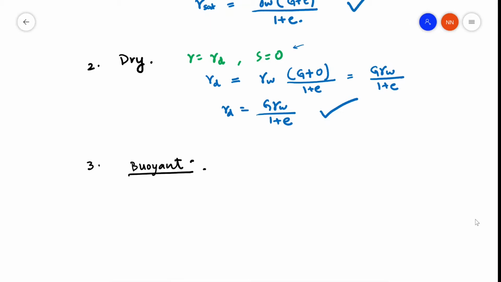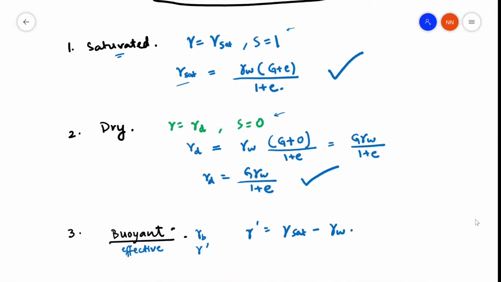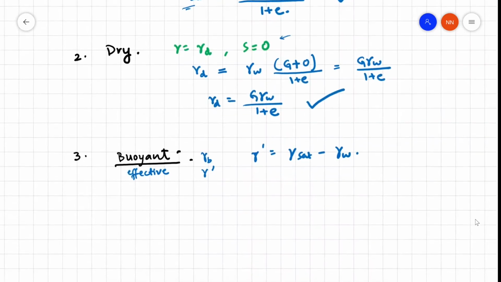The next one we'll be looking at is the buoyant unit weight. This buoyant unit weight is also called the effective unit weight, and is represented by gamma buoyant or gamma dash. This gamma dash is nothing but gamma sat minus the unit weight of water. We don't have to do anything, we just use the gamma sat that we already calculated and subtract the unit weight of water from that.